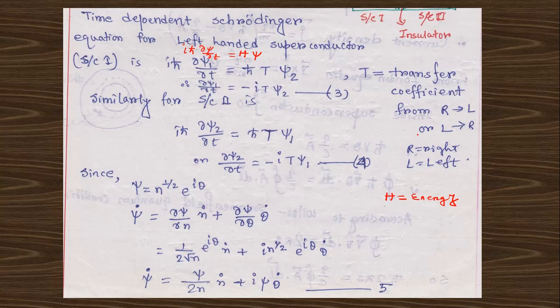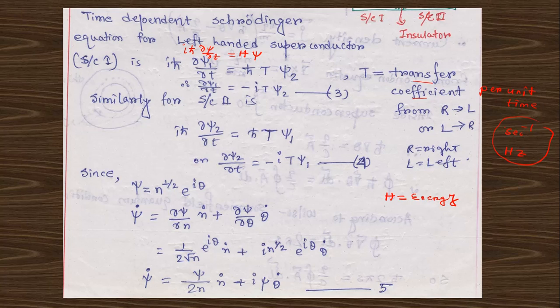So if we multiply this T with this energy term, this is the transfer coefficient. Coefficient means the transfer per unit time. Per unit time means the unit will be second inverse, or hertz.